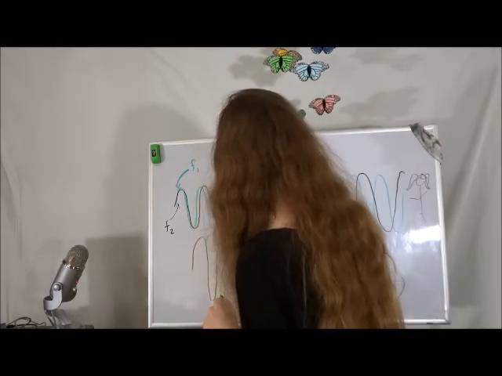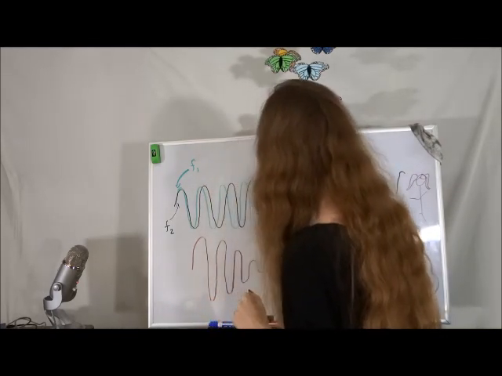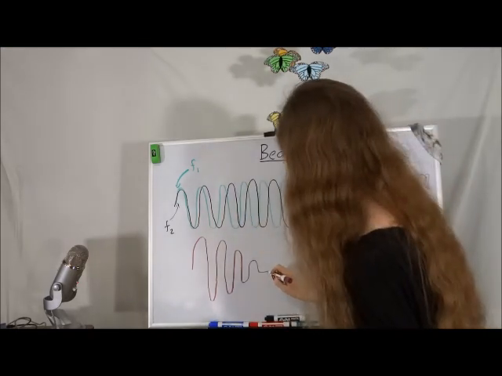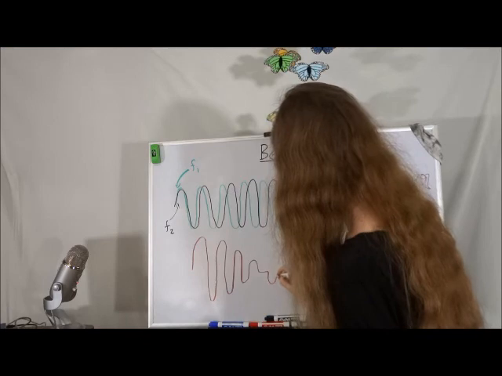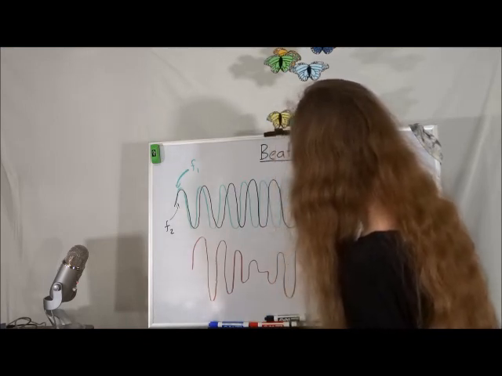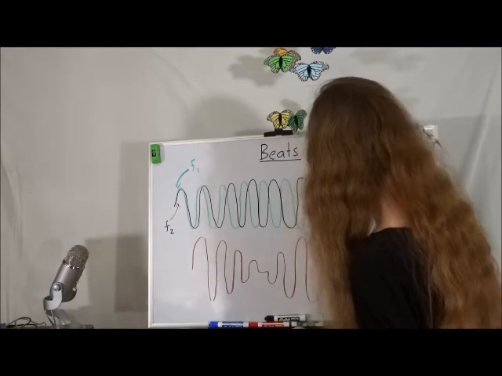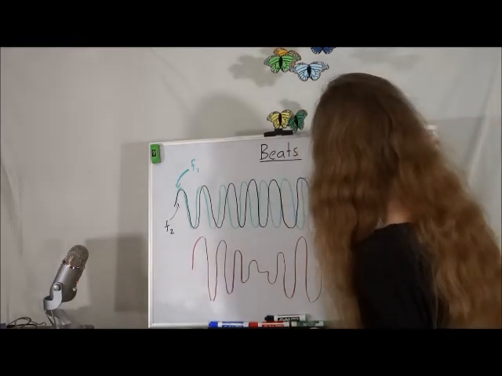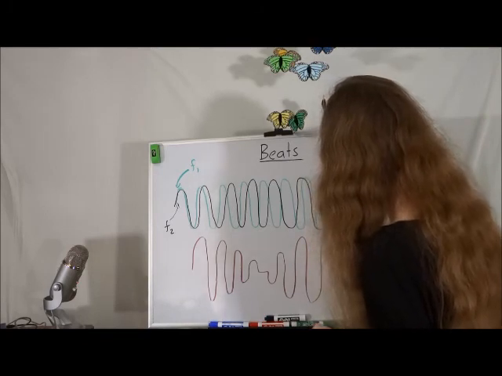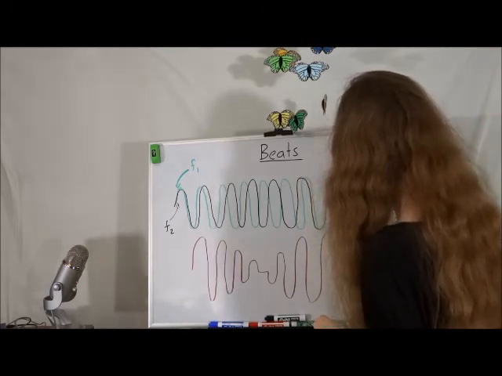So for a stretch, we're going to have basically nothing happening. But then we're going to have some constructive interference again. And it's going to do something like this. And over here, we have max constructive interference. And then it's going to kind of drop off again.